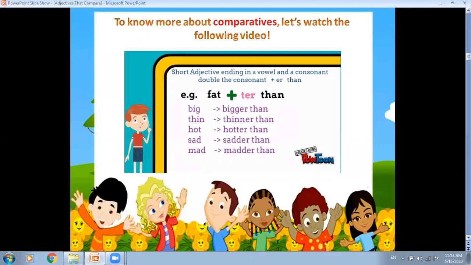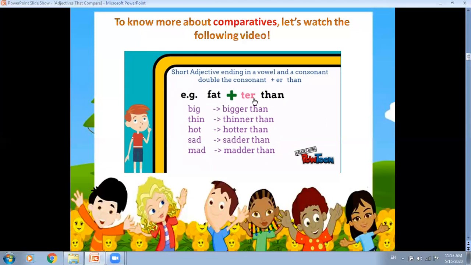And here they are saying when I have short adjectives ending in a vowel and a consonant letter, we have to double the consonant and then add ER and then. Or in other words, when adjectives have a short vowel sound, as in fat, and I have at the end a consonant letter, I have to double the final consonant, which is letter T, and then add ER and then.